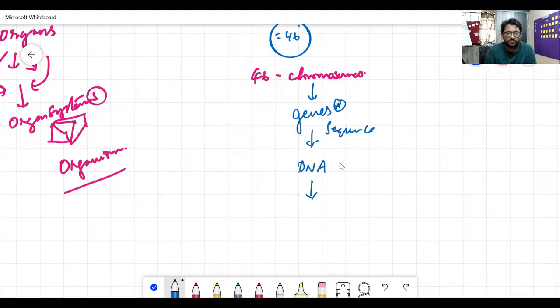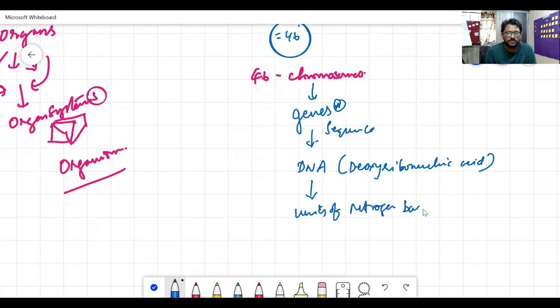And DNA, that is deoxyribonucleic acid, is made up of units of nitrogen bases like A, T, G, C: adenine, thymine, guanine, and cytosine.